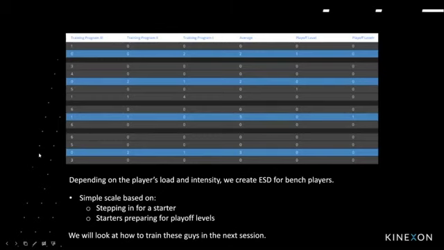The guys that are shaded in the gray around the blue, in this case I'll use this one in the middle, these are guys that actually step in and play for that starter. My benchmark is going to be the starters. I am trying to have a benchmark for my bench players to come in for a starter.